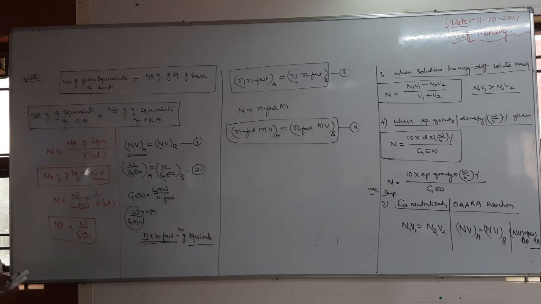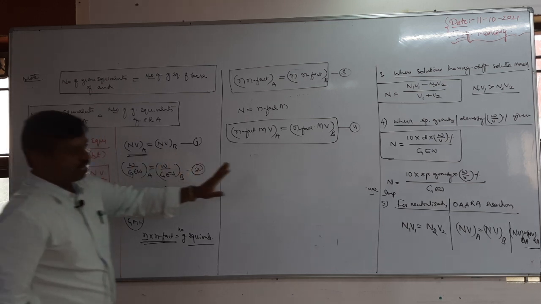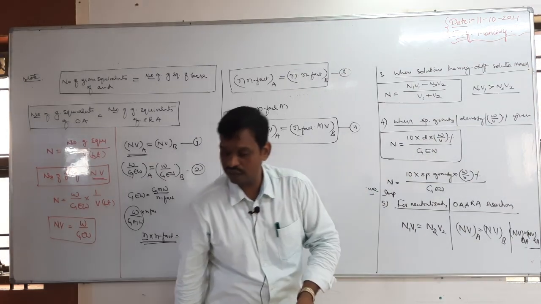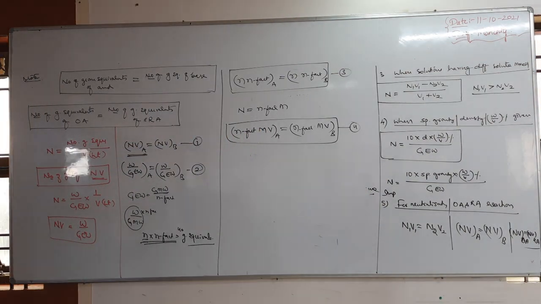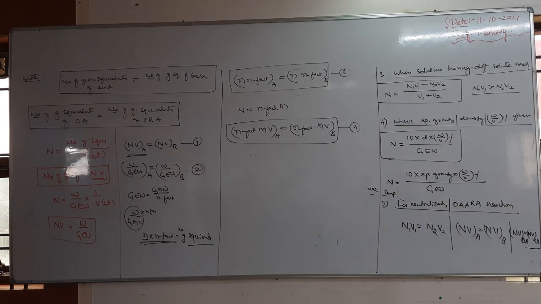I repeat once again, listen carefully first, take notes later. Till here understood, no? So what is normality? Normality is the number of gram equivalents of solute present in 1 liter of solution. Normality is denoted by capital letter N, right? It depends on temperature.